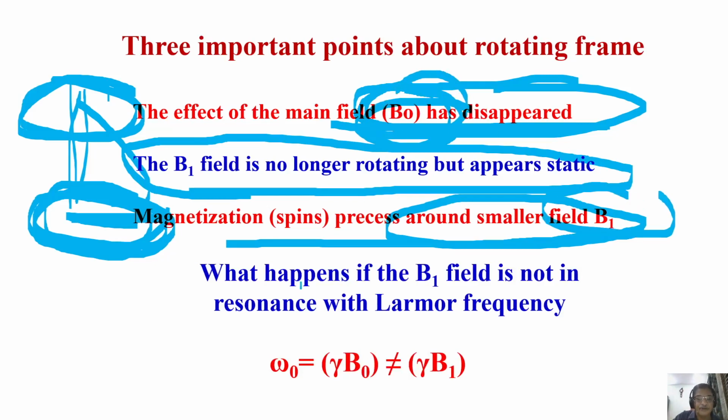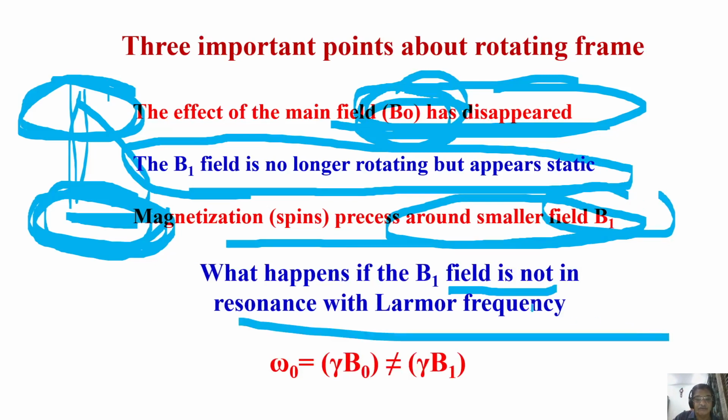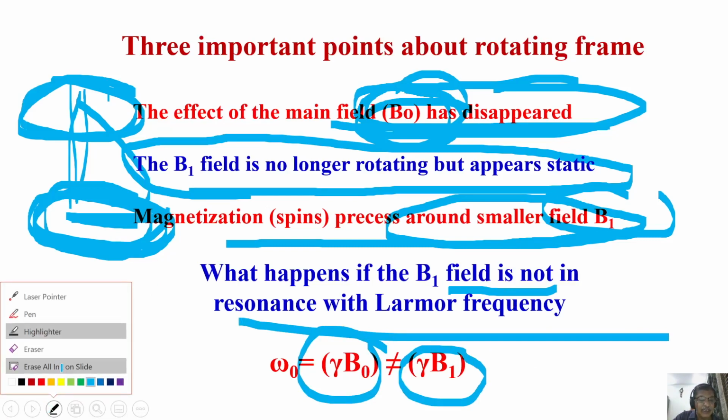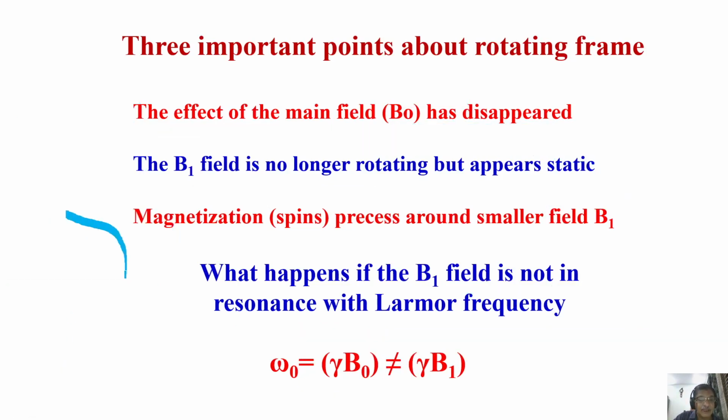So what happens if the B1 field is not exactly on resonance? When this one matches with this, it is exactly on resonance. You understand? In which case, you are bringing the magnetization exactly from here to the XY plane and it starts rotating like this.